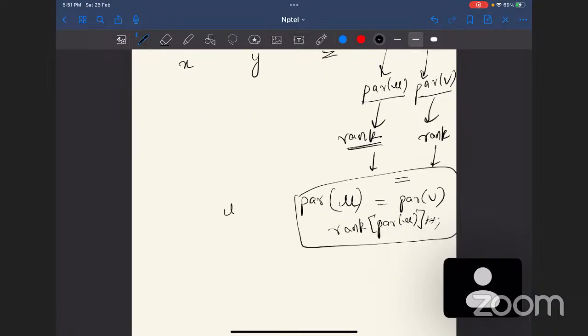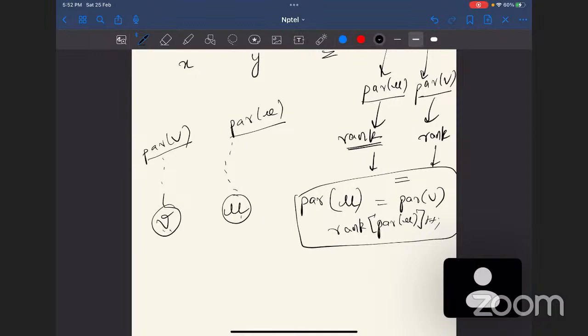Now we had U and we have this parent of U. We had V and we had this parent of V. Now these two belong to different sets, and we have found out that the rank of parent of U and rank of parent of V are same.